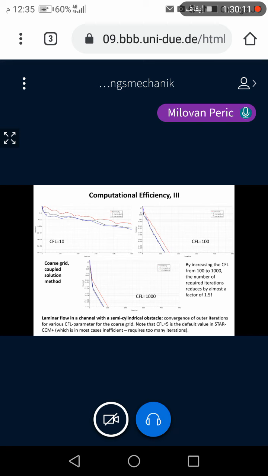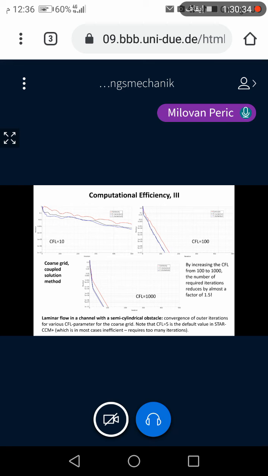And this CFL is the Courant-Friedrichs-Lewy number, which means how far the fluid goes within one time step. And CFL 10 means the fluid moves 10 cells within one of these false time steps. Now, the default in many codes is CFL 5. That's also Star-CCM+.